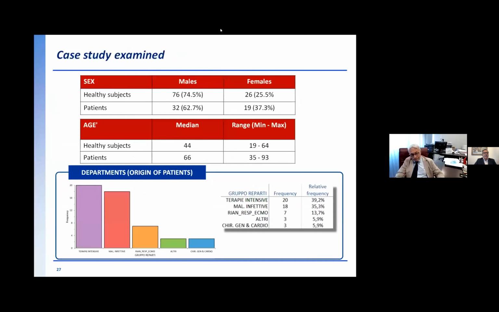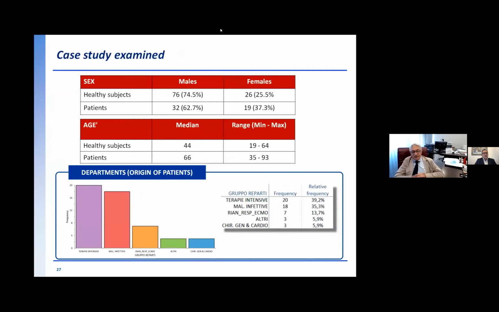There you can see that in the healthy population you had 76 males and 26 females. And as for the patient population, we had 32 males and 19 females.